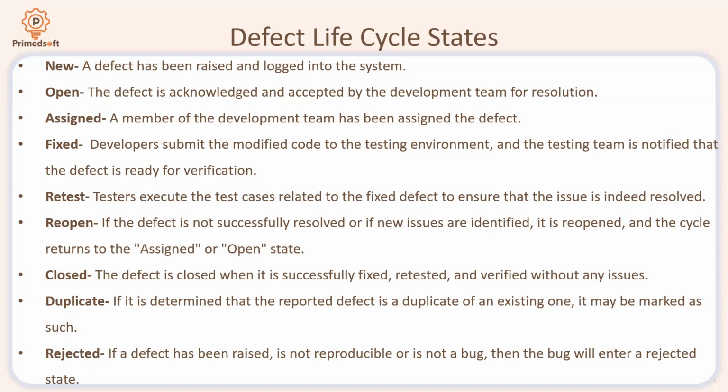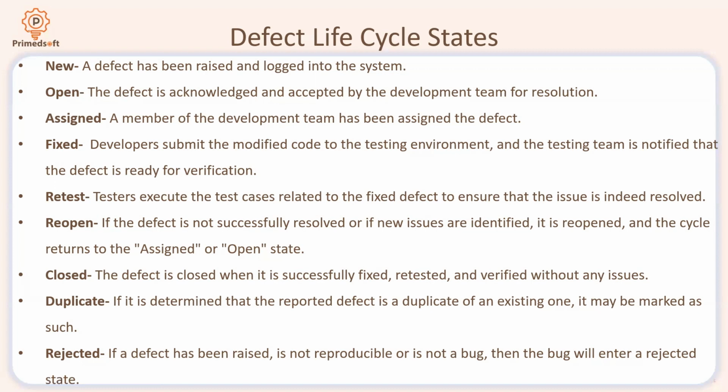Now the tester will say, let me go and retest it to find out if the bug is fixed. That is when it assumes the state of retest. Testers execute the test cases related to the fixed defect to ensure that the software issue is indeed resolved.